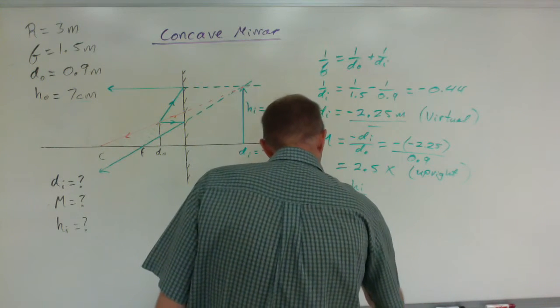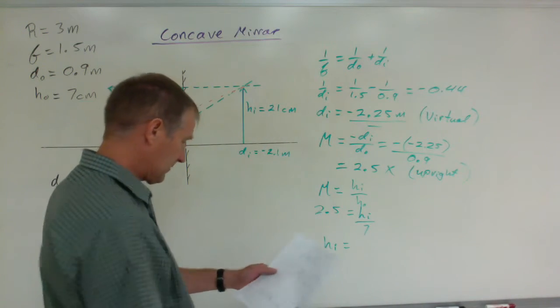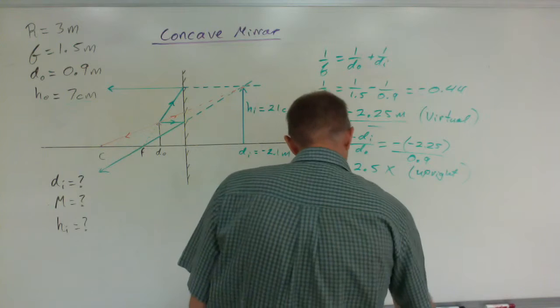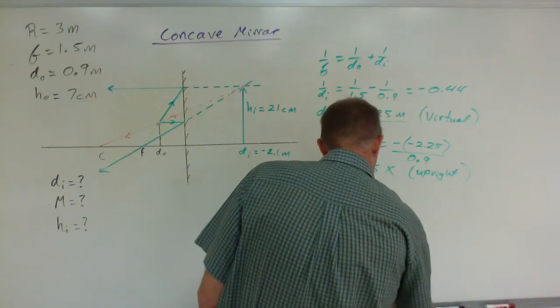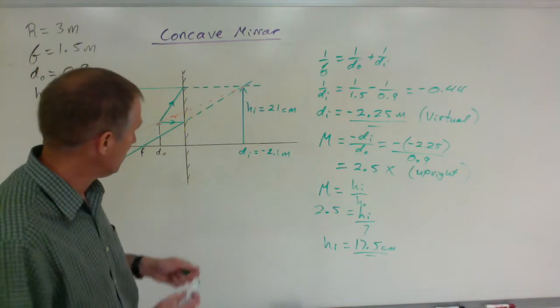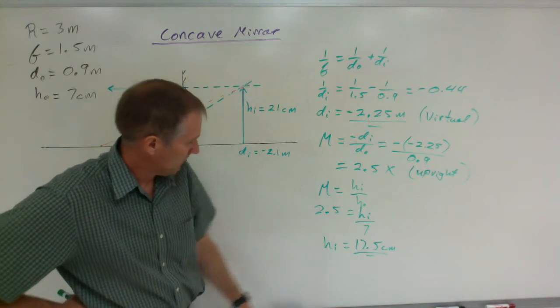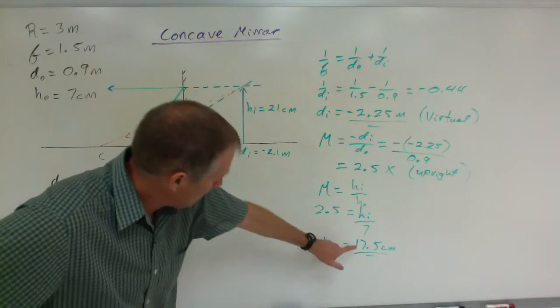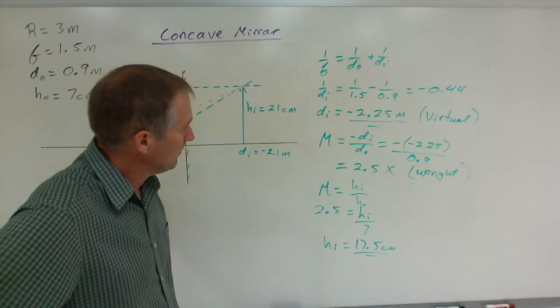So 7 times 2.5, and I get HI equal to 17.5 centimeters is what I have. Okay? Which, that didn't come out so hot. But this is the actual size right there. And because it's positive, because this is pointed upright, you know it's a virtual upright image.